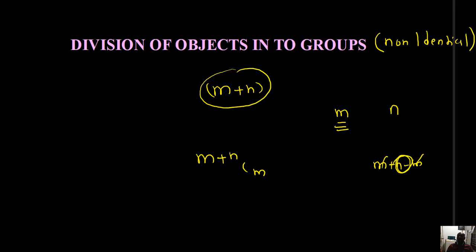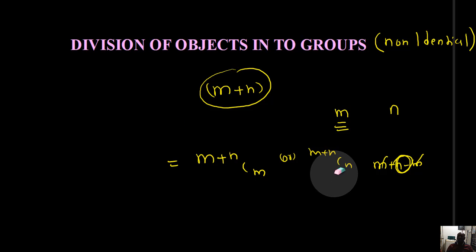So dividing m plus n non-identical objects into 2 groups containing m and n elements respectively is nothing but m plus n C m, or m plus n C n, I can say. First of all, I can choose n from m plus n, and the remaining m elements make the other group. What is the meaning of that?